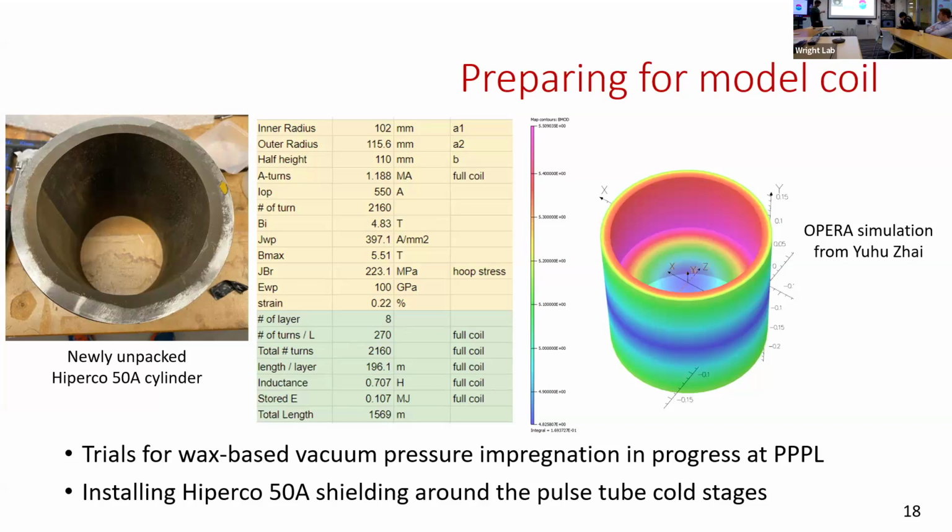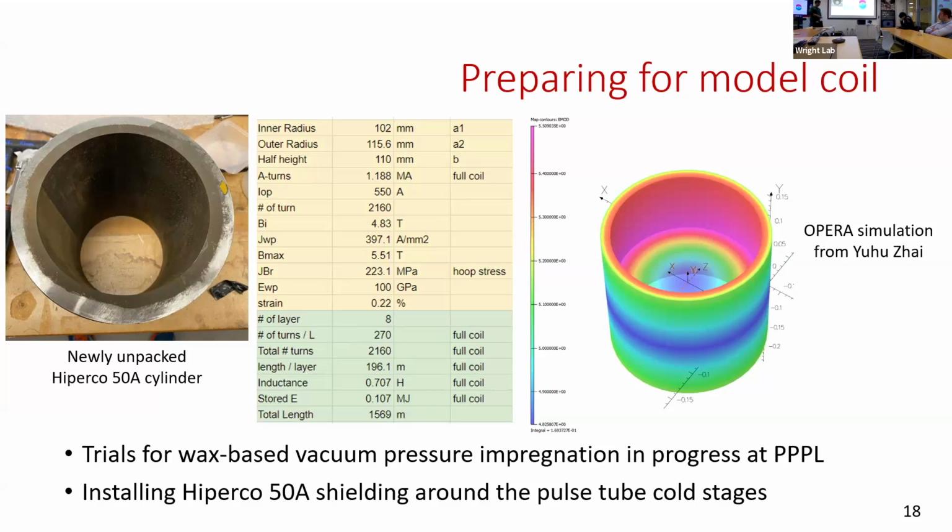I also mentioned that we are investigating pulse tube shielding. Here is a Hyperco 50A cylinder that we received about 2 weeks ago now. Hyperco 50A belongs to the Permendur class of alloys. It has a very high saturation magnetization of about 2.4 Tesla.